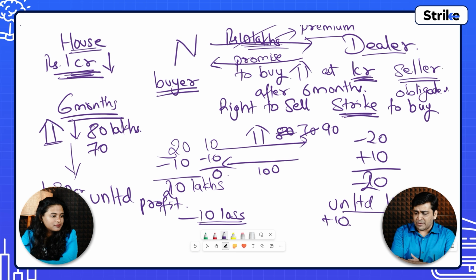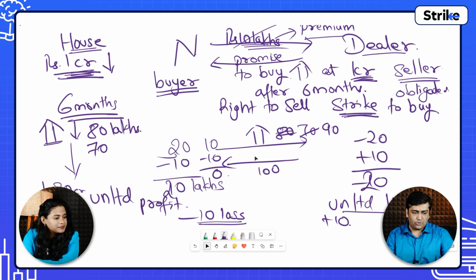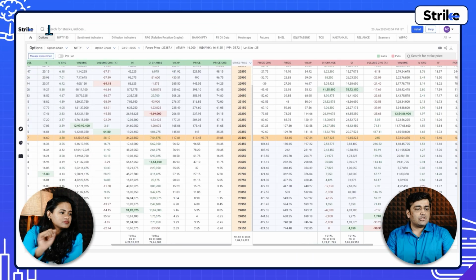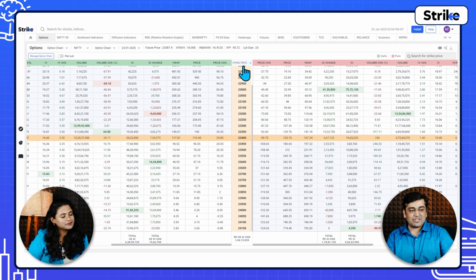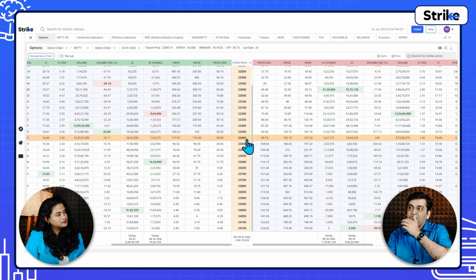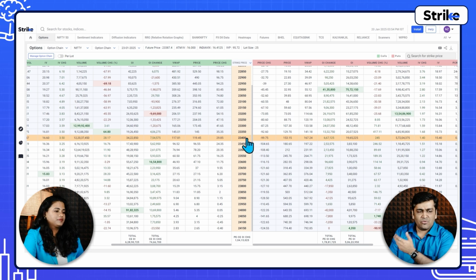Now let me show you some real examples using this particular portal. In this portal, you can see the strike price I just mentioned. So instead of a house, you now look at, let's say, Nifty. Now your view is that Nifty can fall from current levels, for whatever reasons.